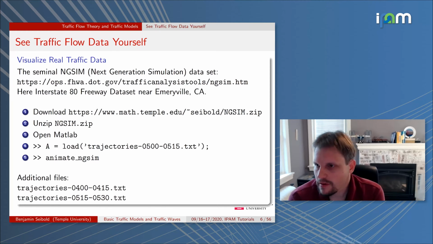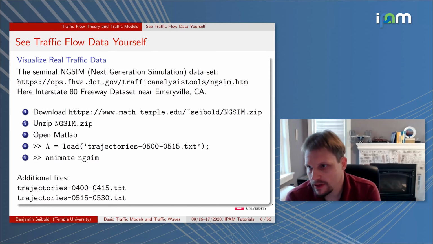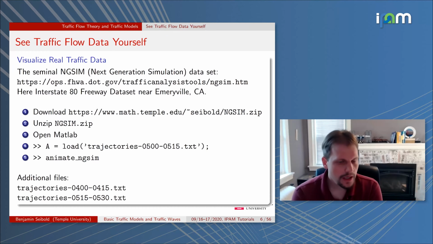Sometimes you have people from the more theoretical side or from other fields that have not dealt with traffic flow data. This is your opportunity. So just go and download it. Just to be clear, it might slow down your internet connection. It's not tiny data: the files are each about 200 megabytes, so the whole thing is about 700 megabytes total.